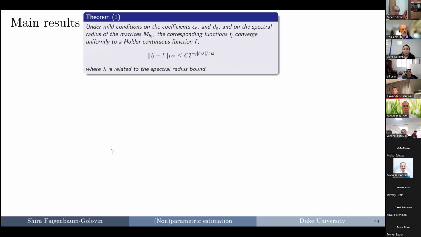we were able to prove that under certain constraints on the coefficients that are located in this matrix, the process actually converges uniformly to a Hölder continuous function, and we are able to bound the approximation order of this limit of refinement.